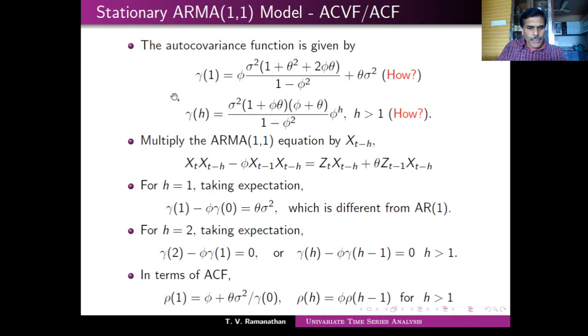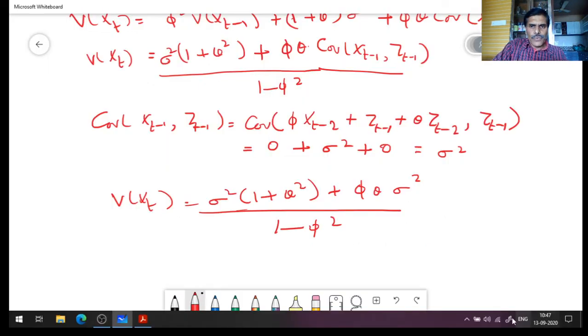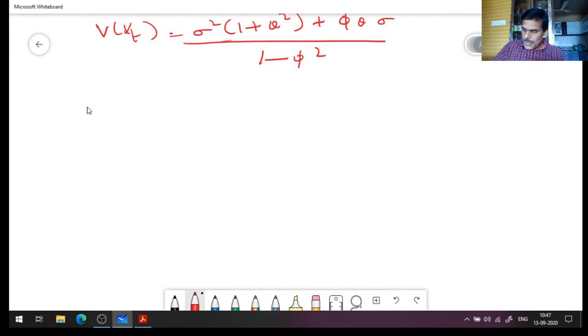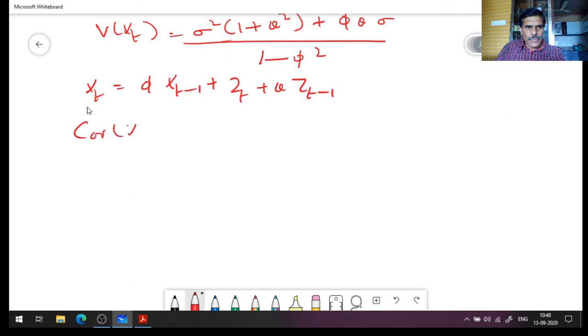So now the autocovariance function gamma h is actually given by, we can go back and start computing the autocovariance function. Like what we have computed for the variance, we can also compute it. So here, what is the process? Xt equal to phi xt minus 1 plus zt plus theta zt minus 1. And you compute the covariance between xt and xt minus 1.